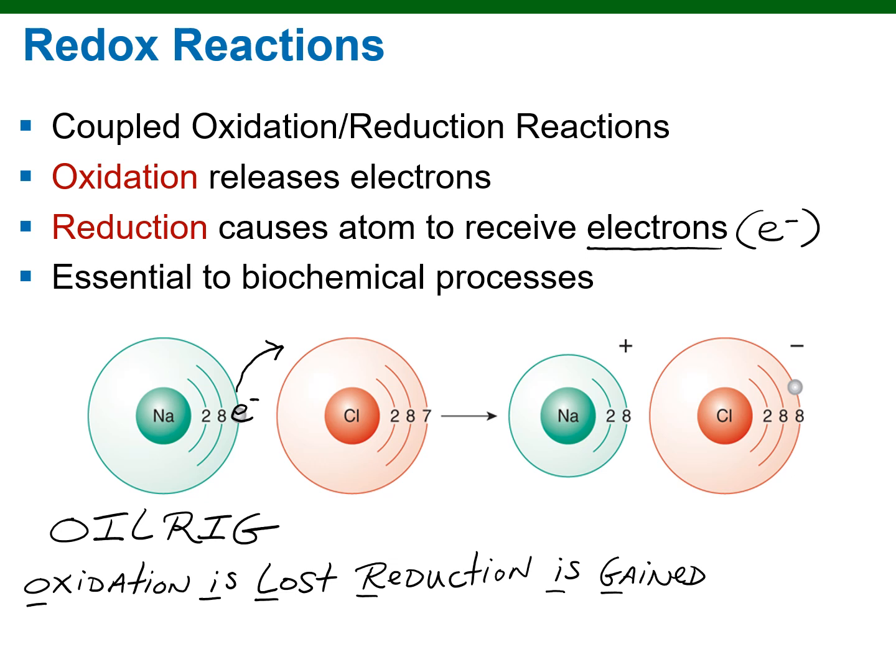And so ultimately, when we look at sodium and chlorine, how does this work? Sodium loses an electron. So what happened to sodium? Sodium became oxidized.